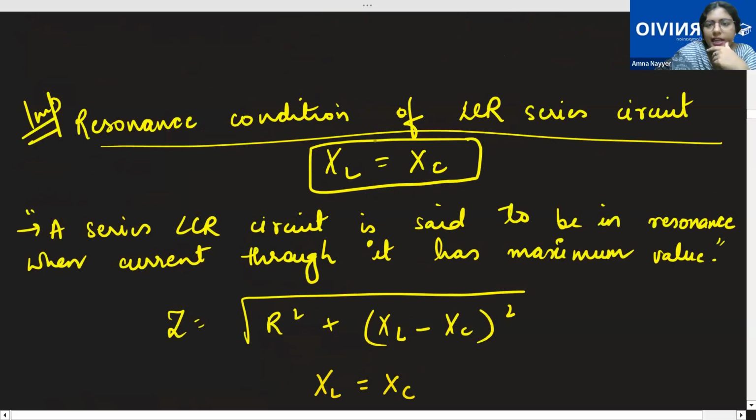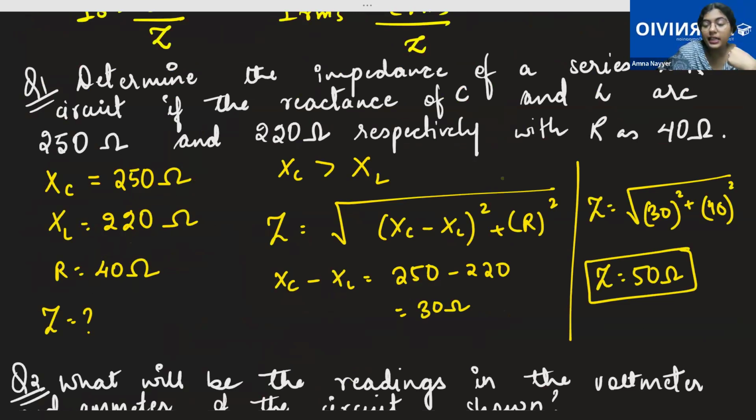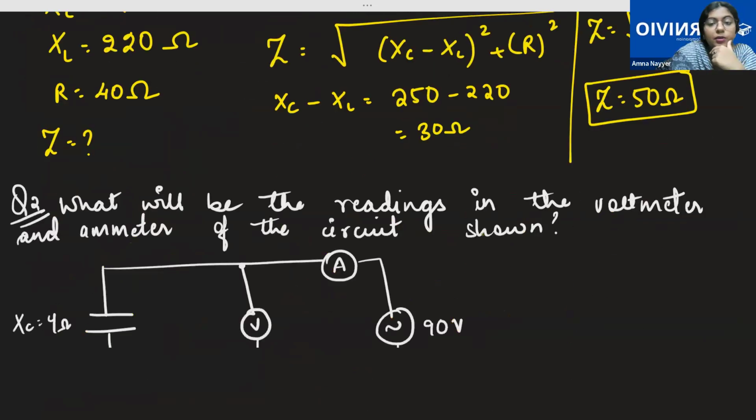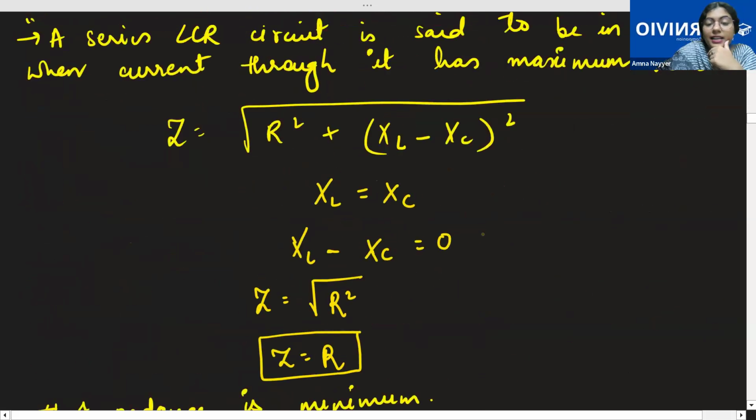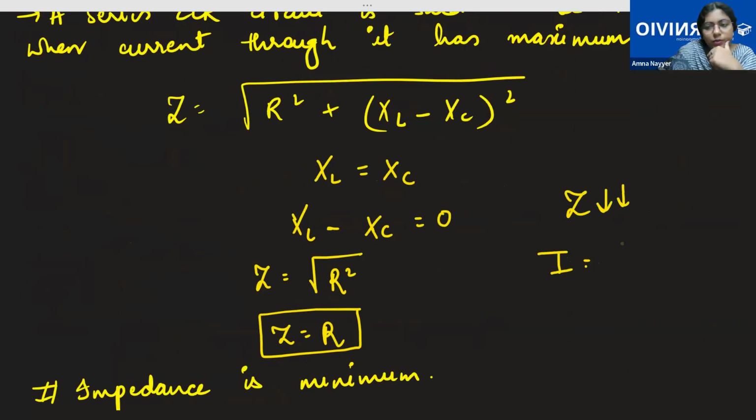I'll give you the example which we did. Resistance is just 40 ohm, while the impedance is 50 ohm. When it is just equal to the resistance, the value of impedance has decreased. Current is equal to voltage by impedance, so if impedance is very less, current will be greater.